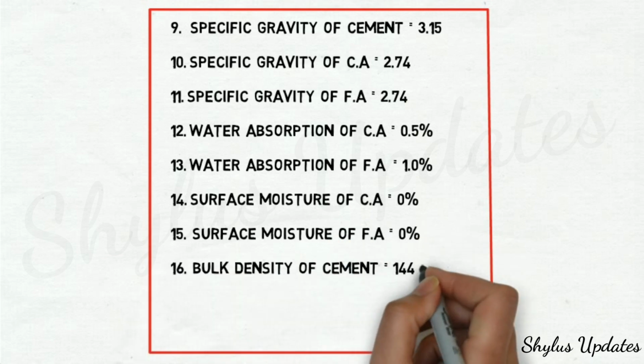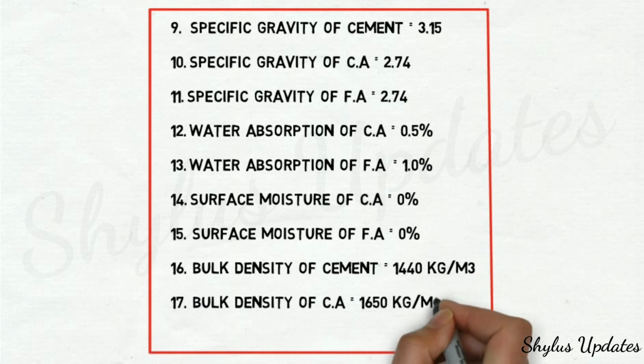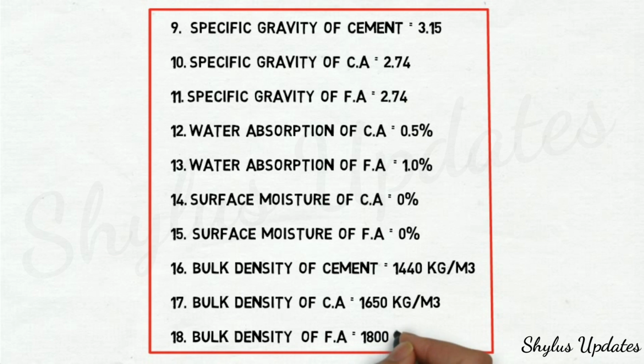Bulk density of cement 1440 kg per meter cube, bulk density of coarse aggregate 1650 kg per meter cube, bulk density of fine aggregate 1800 kg per meter cube.